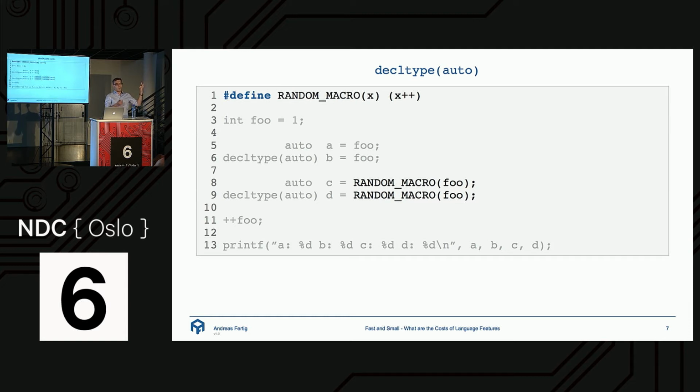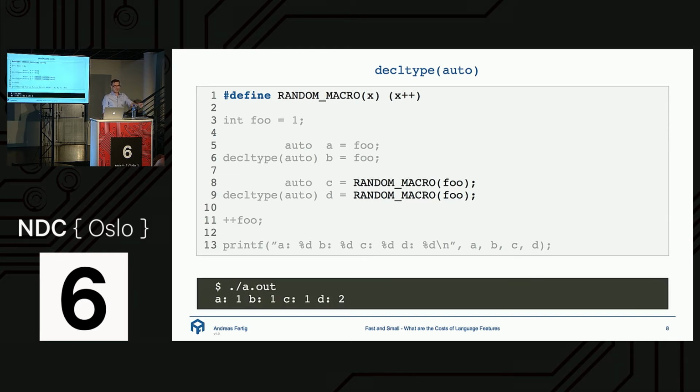B, 1, trivial as well. C. Now we have to think a little bit. 2, 1. I take the 1. It's a post-increment. And D. So I get a 2. Because it's a reference. Ah, that man is good. So it's 2. It's 2 again.